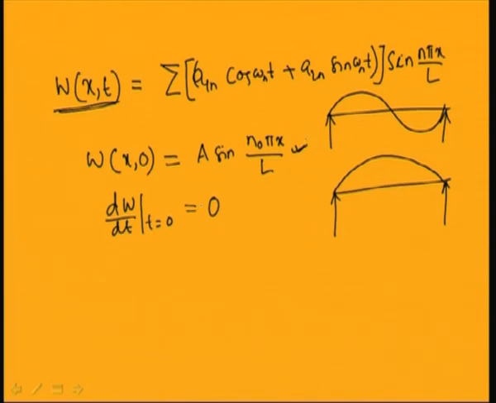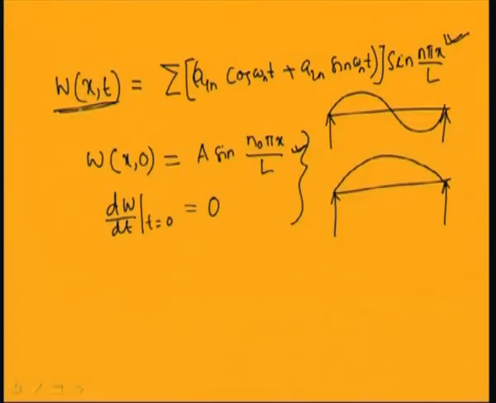Now, substituting these two initial conditions in this expression, we can find A1n and A2n, and from that we can obtain the general solution of the system.